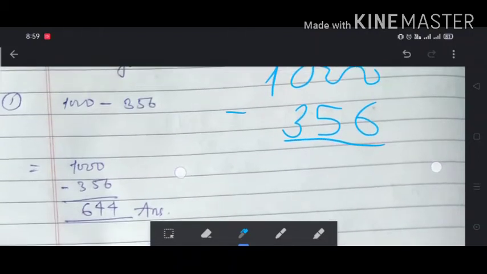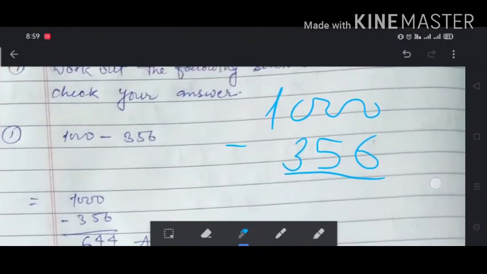Here when we subtract, we can see that 6 cannot be subtracted from 0. Therefore we borrow from 1, and it becomes 10.